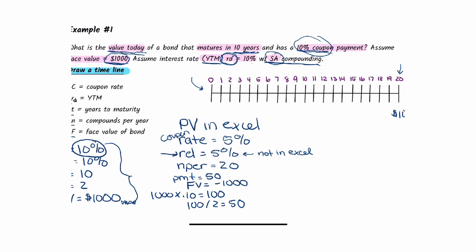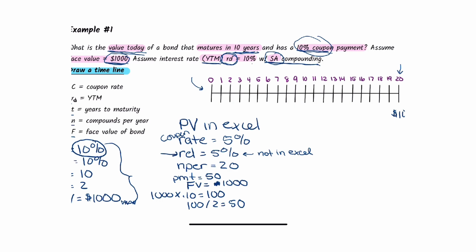So when we plug all that information into Excel, which we will do, sorry, you're actually not going to put that in as a negative value. That's going to go in as a positive value.